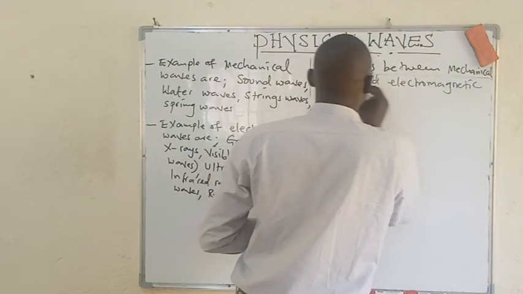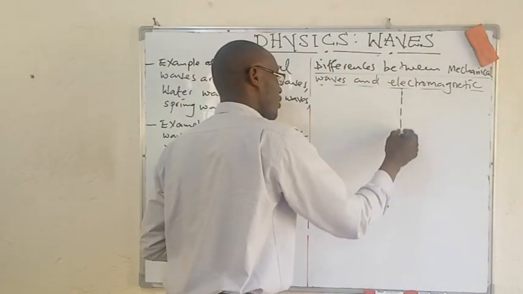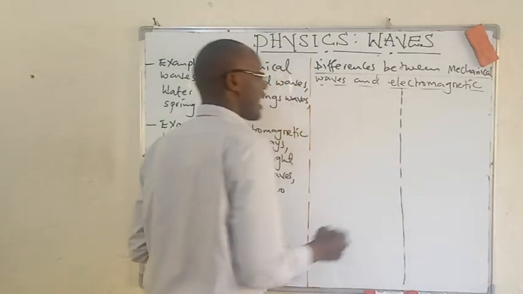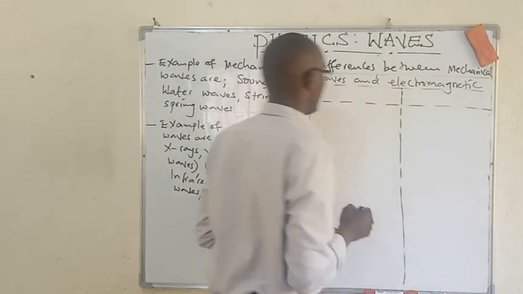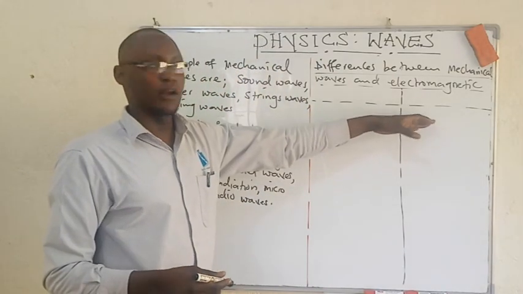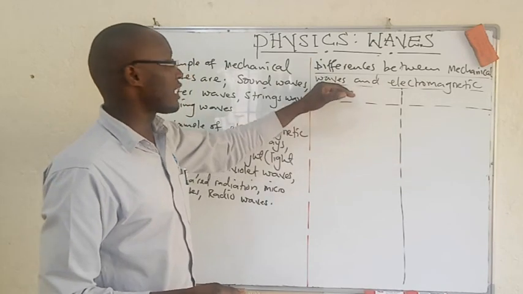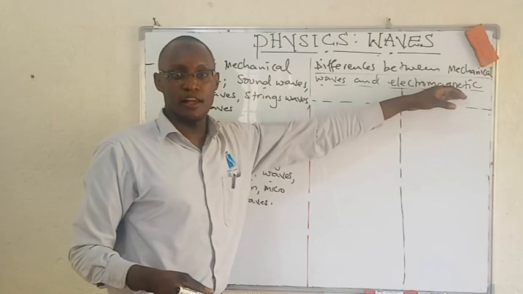Once an examiner talks about difference, we differentiate by drawing a table of distinguishing characters. We can put one quantity on one side and then the other quantity on another side. So we can put the mechanical waves here and then finally put the electromagnetic waves.